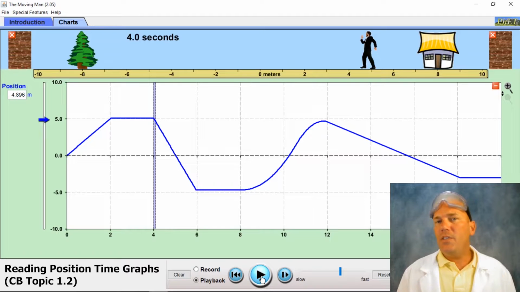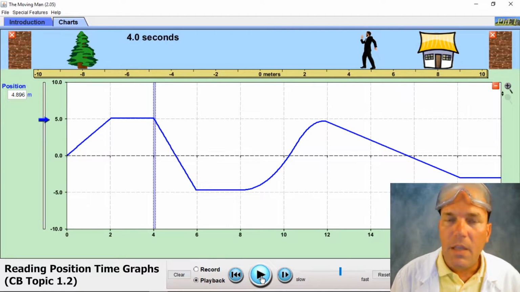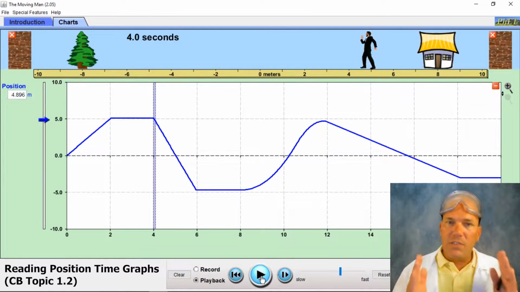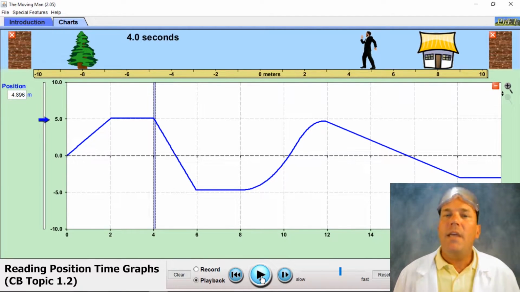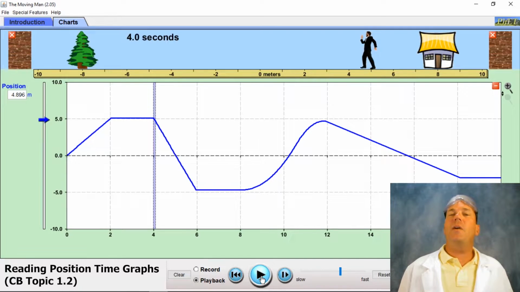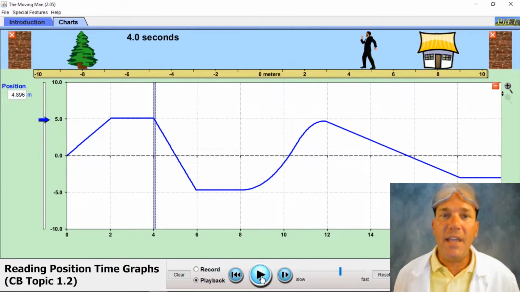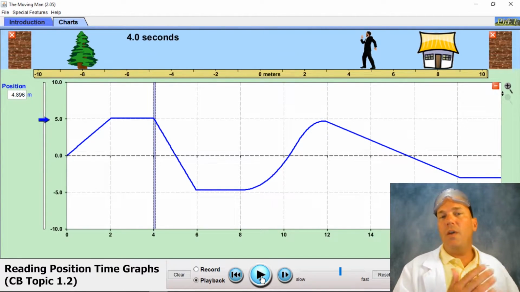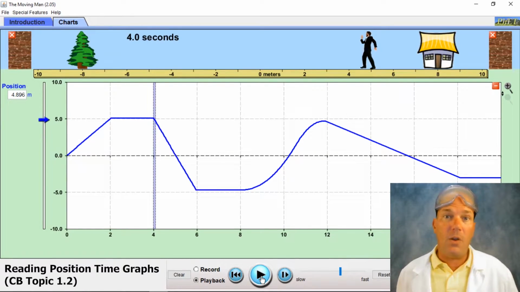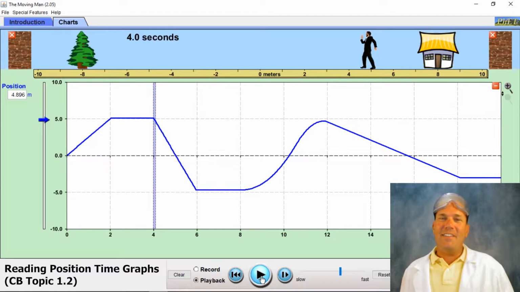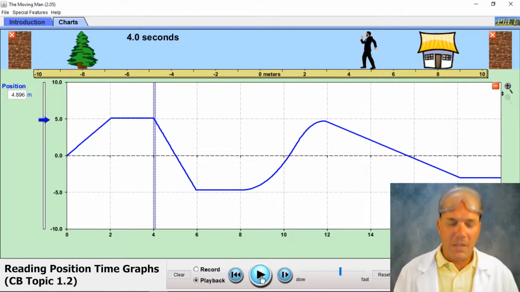Now, as we enter segment 3, I want you to make note of the slope, the steepness of the slope compared to segment 1, and also the value as far as it being now a negative slope compared to a positive slope in segment 1. And you can tell the man has already turned around and is now going to be moving to the left for approximately 2 seconds here.